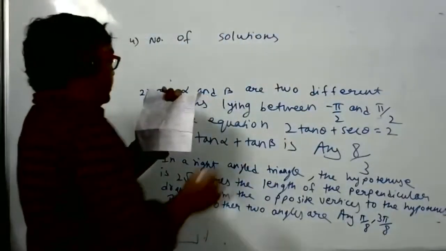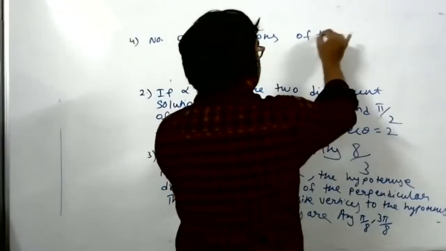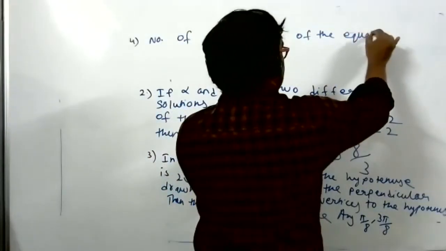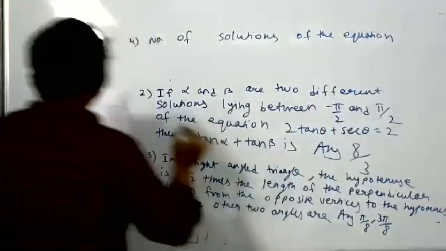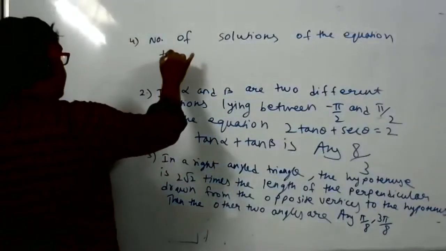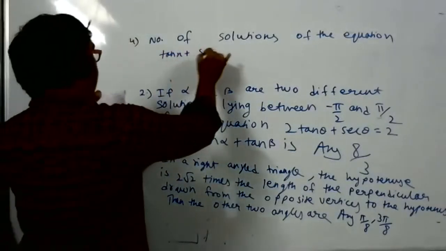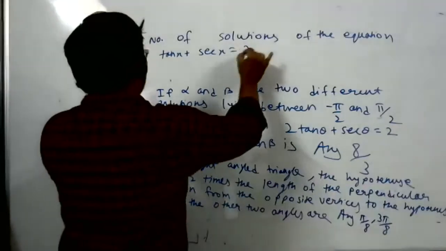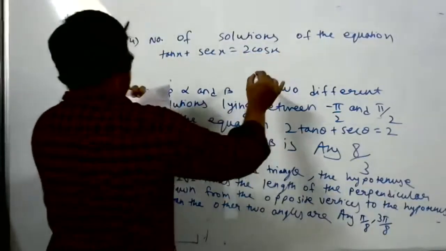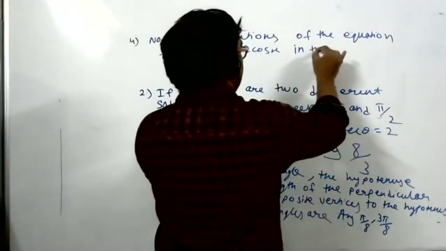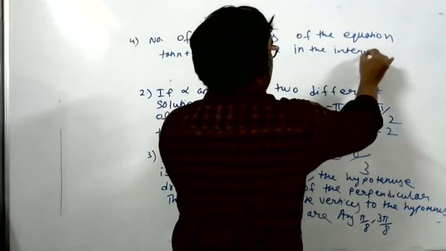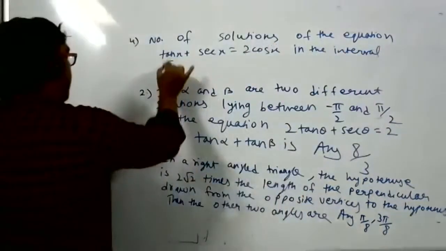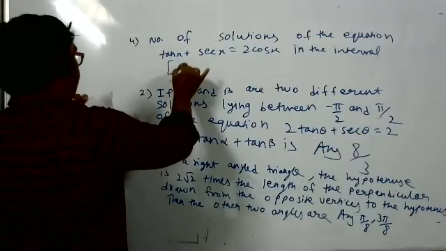Number of solutions of the equation tan x plus secant x is equal to 2 cos x in the interval 0 to 2 pi. How many answers does it have?